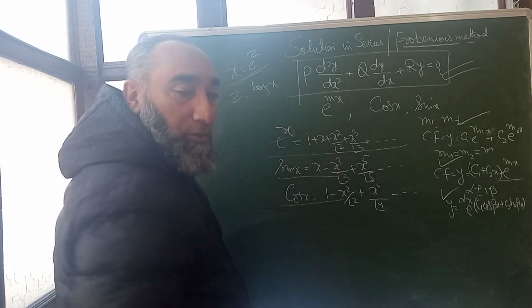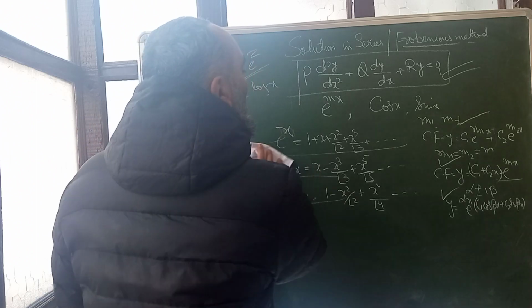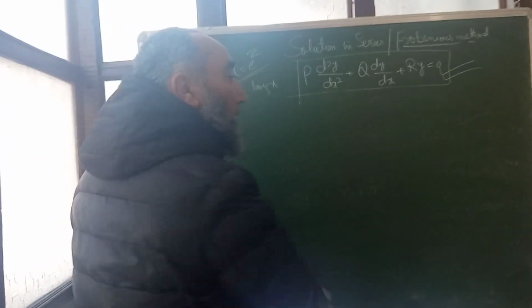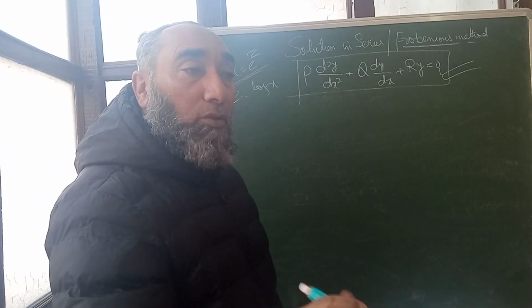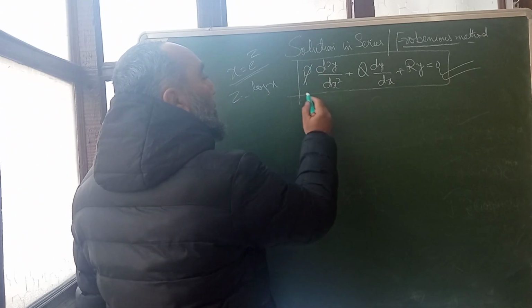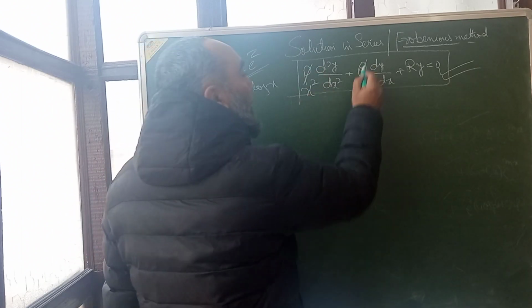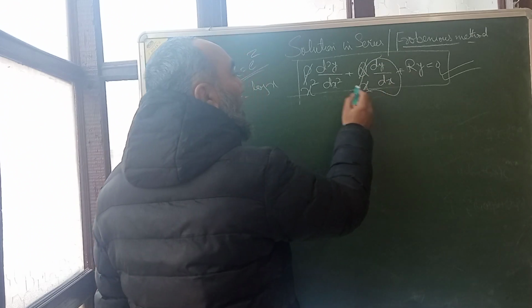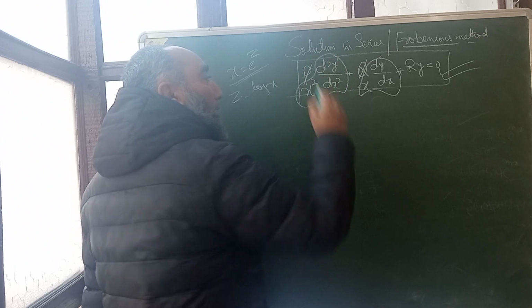Now the question can be how to solve these equations and how to reduce a linear differential equation with variable coefficients into one with constant coefficients. The problem is that for p you must have x square, and for q you must have x, means the first derivative along with x, the second derivative along with x square.